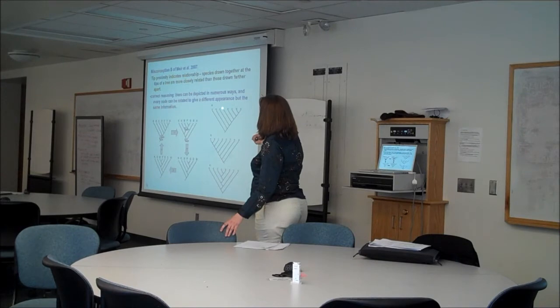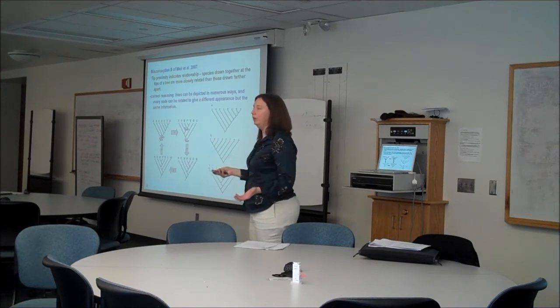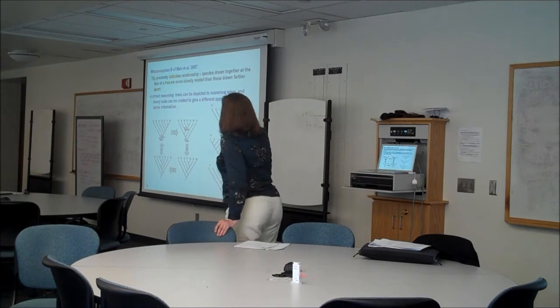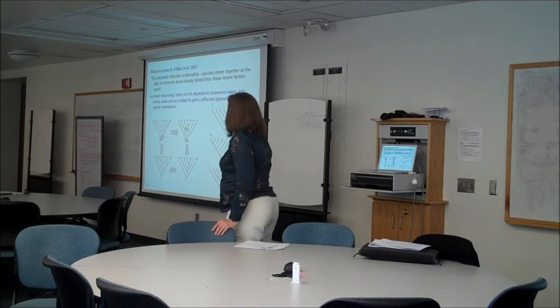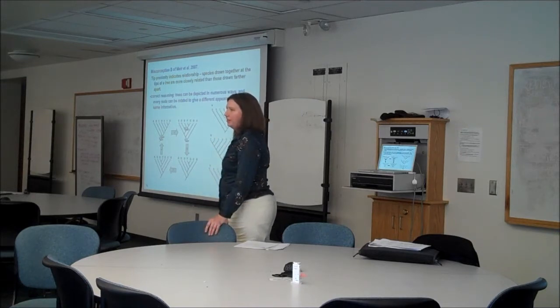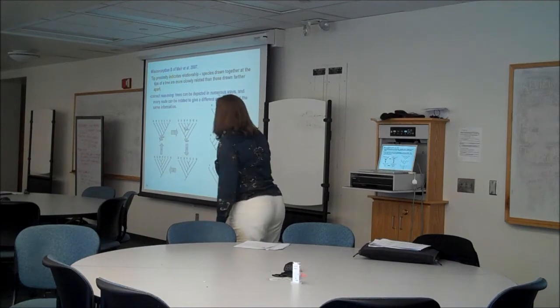So D is as close to E as to C, so it's probably equally related to both of them, when in fact it's nested within this grouping. So that's not an appropriate inference. This is an example of all the weird things you can do to this kind of tree that makes it look different, but actually has the same information content, annoyingly.